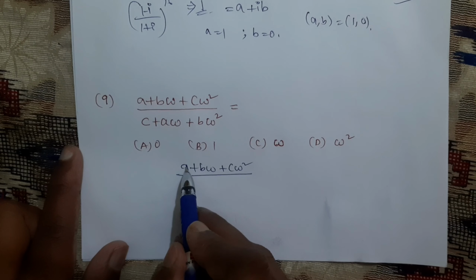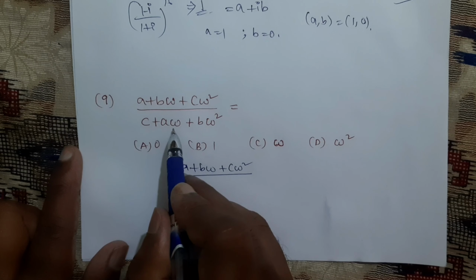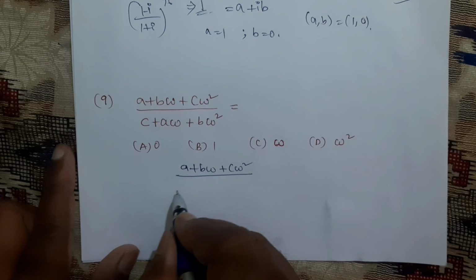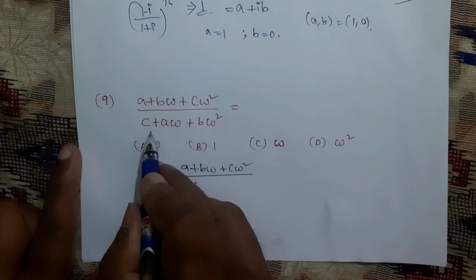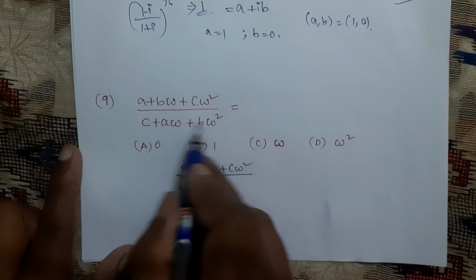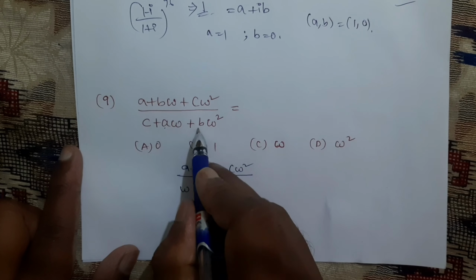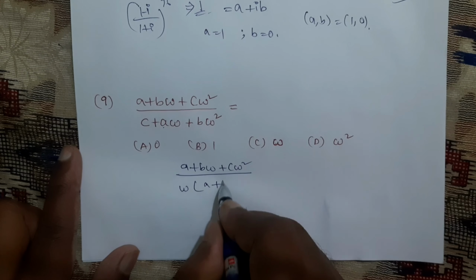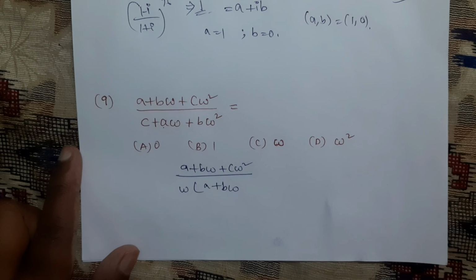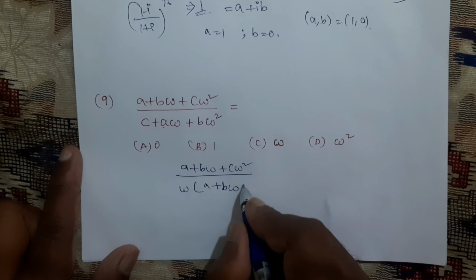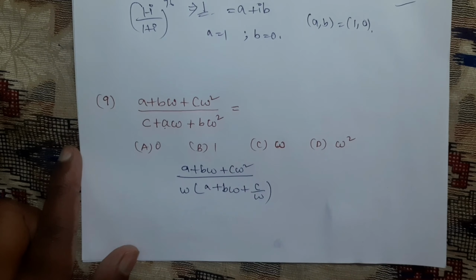Here in the numerator we have a, but here a omega we have. So that's why I am taking omega common from these three. If I take omega common, a omega will become a, b omega square will become b omega, and c will become c by omega.